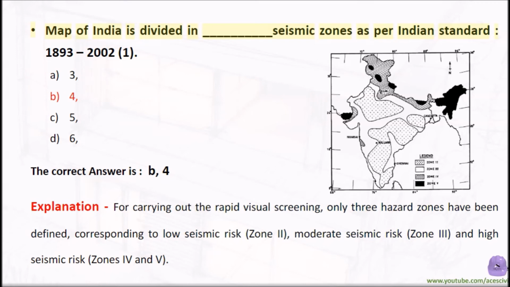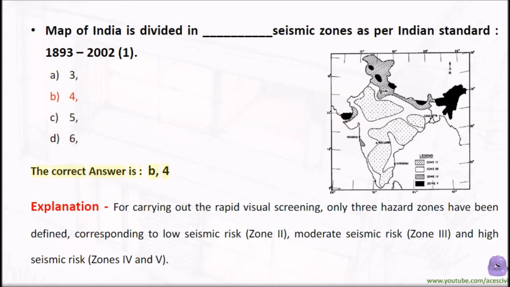The map of India is divided into seismic zones as per Indian Standard 1893:2002 (Part 1) into: A. 3, B. 4, C. 5, D. 6.